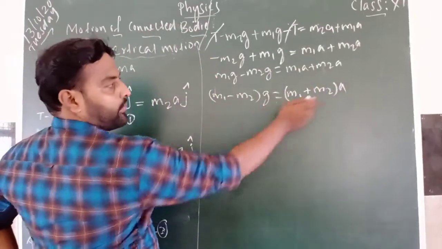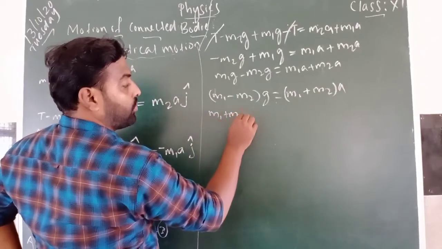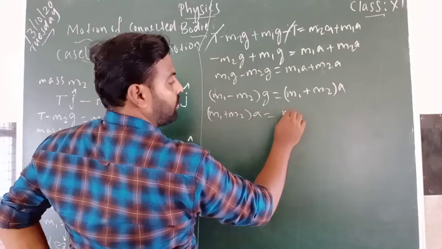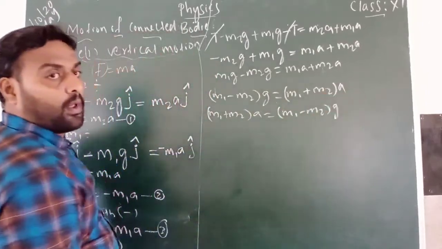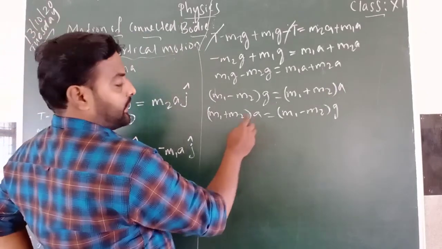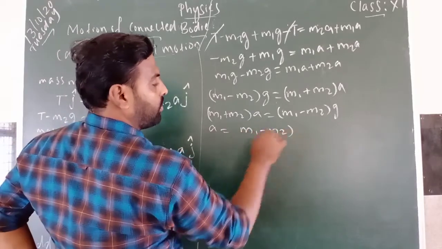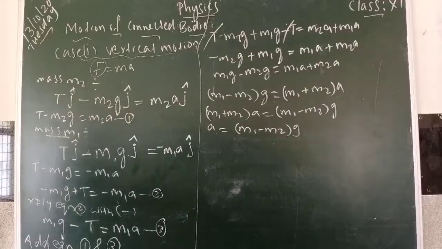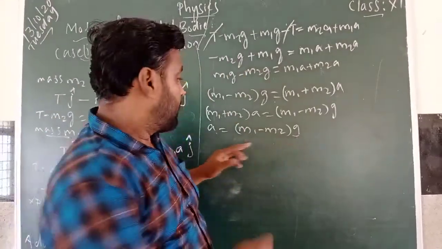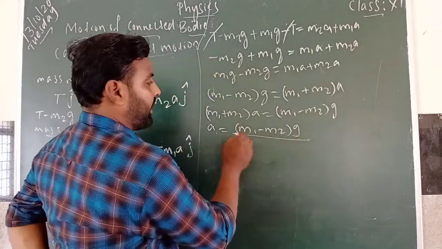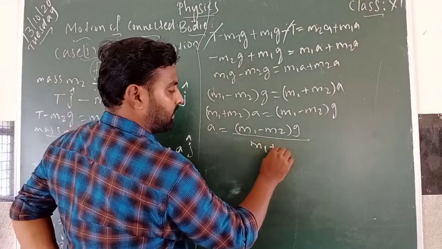Now you can find out acceleration. So M1 plus M2 into A equal to M1 minus M2 into G. So acceleration A is equal to M1 minus M2 into G divided by M1 plus M2.